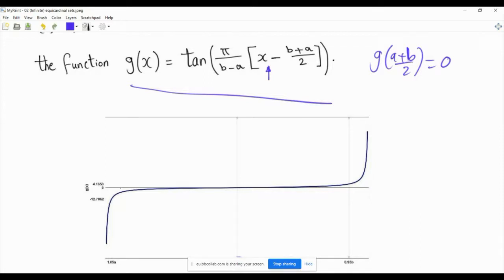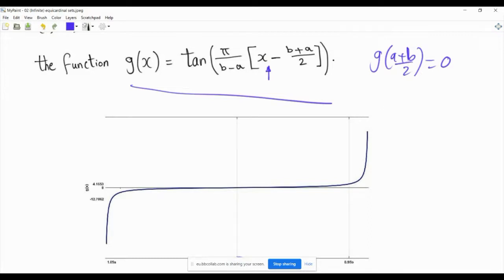So this function is a bijective function. Each element in y, which here is the set of real numbers, is associated with exactly one element in x, and x is a number living between a and b.